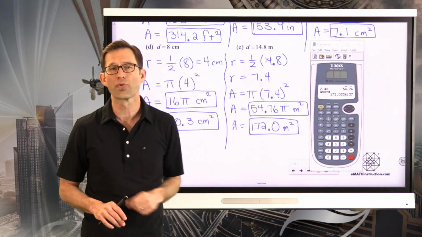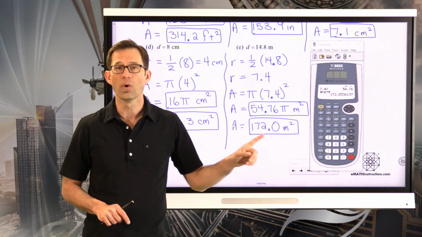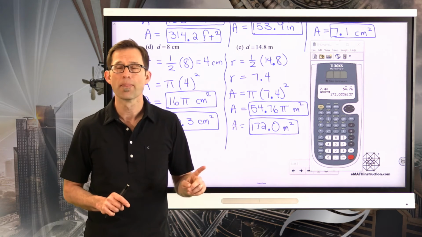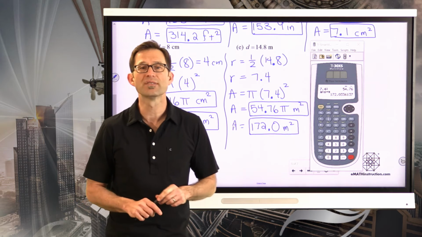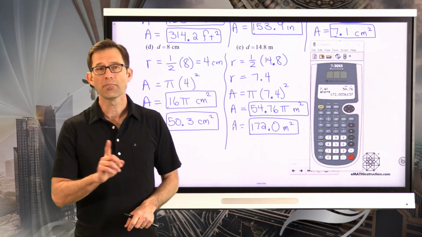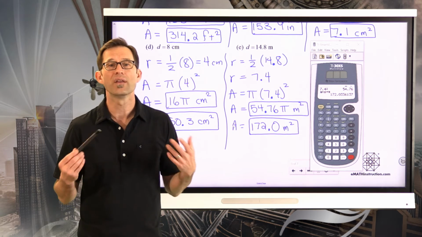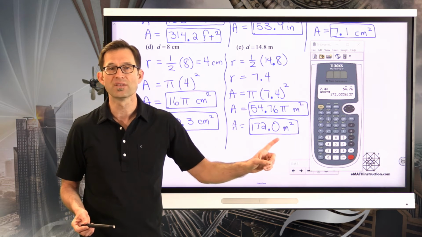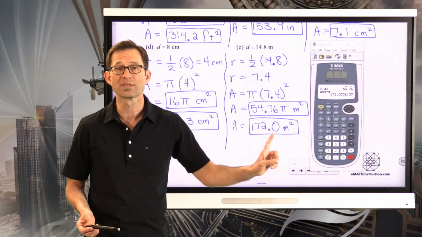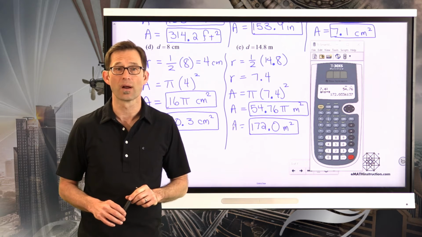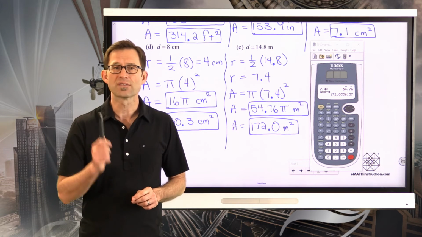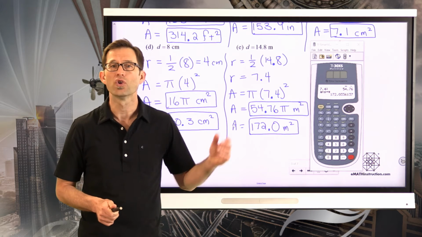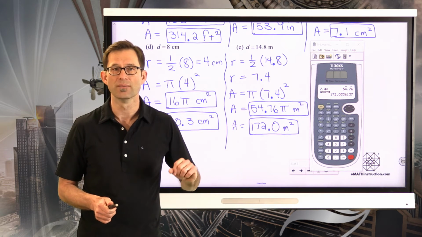So I'd be looking at the 3, and the 3 would be telling me don't do anything with the 0, but watch out. Because if you write this down as 172 square meters, that implies that you've rounded it to the nearest whole square meter. 172.0, if it says round to the nearest tenth, you have to have a tenths digit there. Caught that? If it says round to the nearest tenth, you must have a tenths digit.